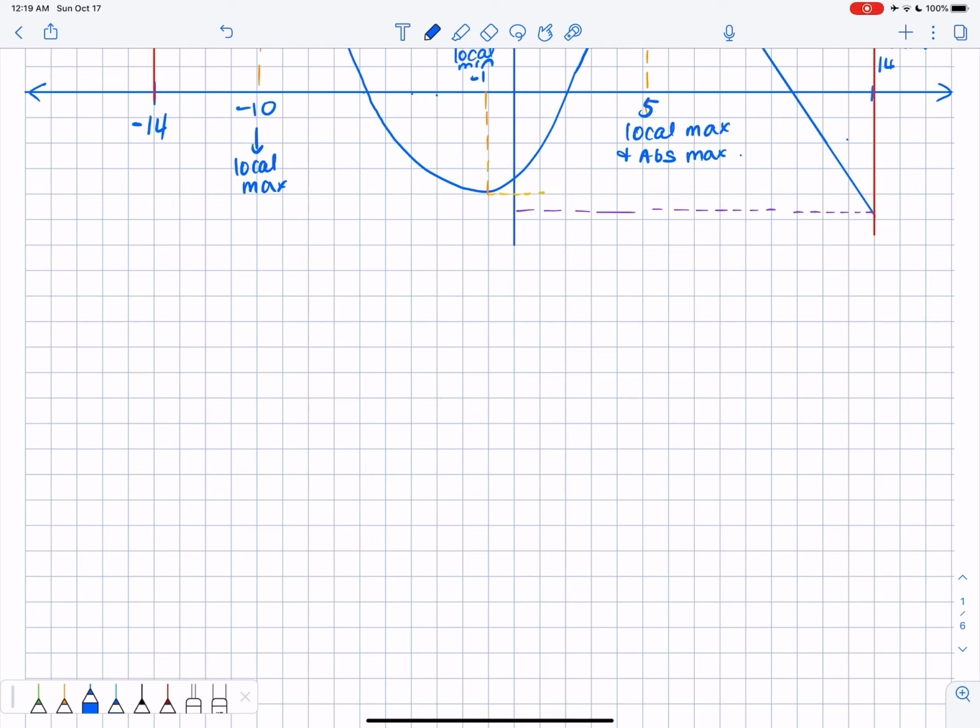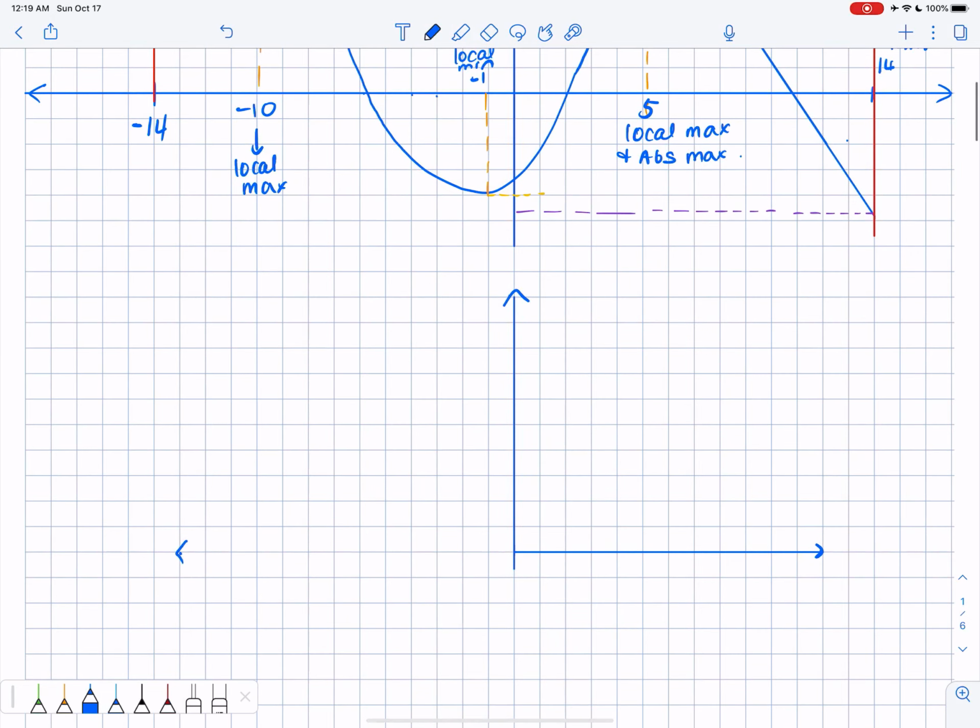Okay, now let's take this. And what I'm going to do is, let's say I just define the function from negative 4 to 4.